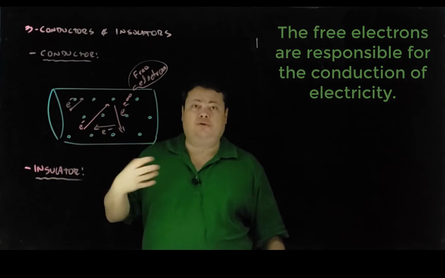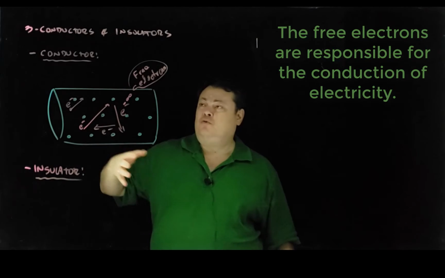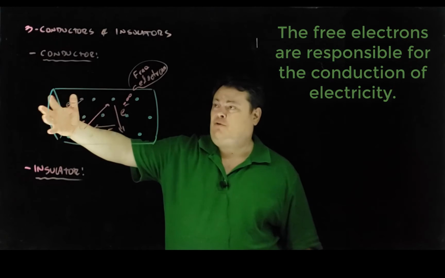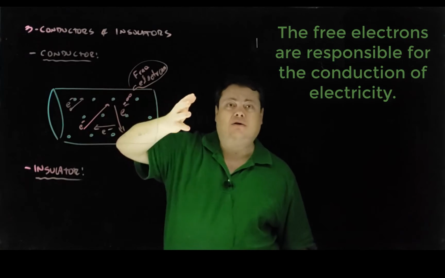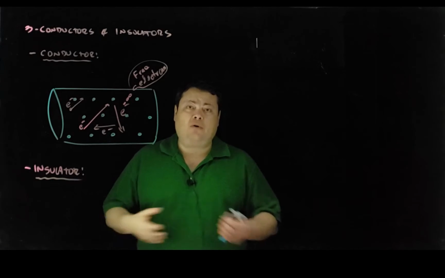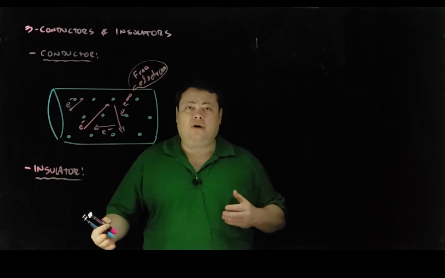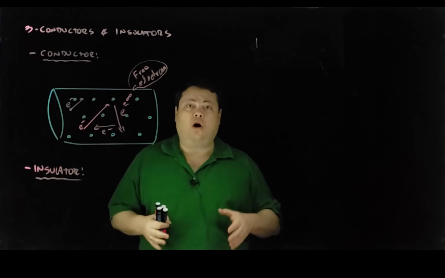So you can still take some electrons out, you can put some in, but you're not going to be able to conduct electric behavior from one end to the other in the domino effect like conductors will do. Typical examples that we need to know would be wood, rubber, glass, water.